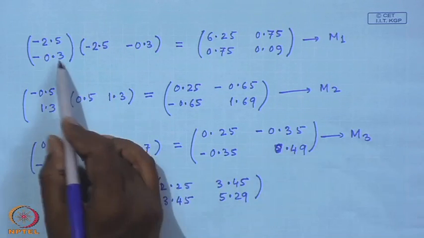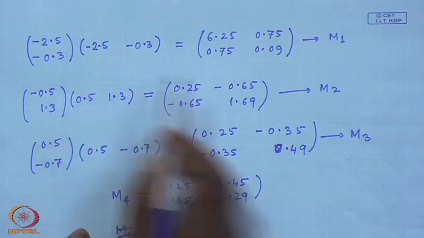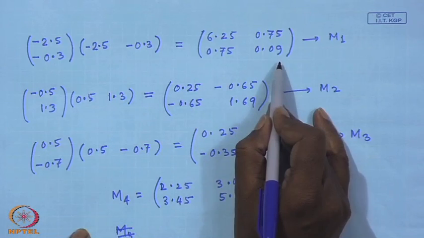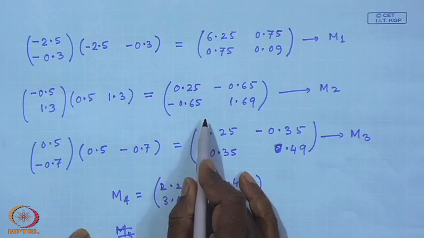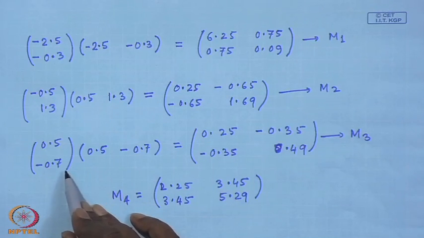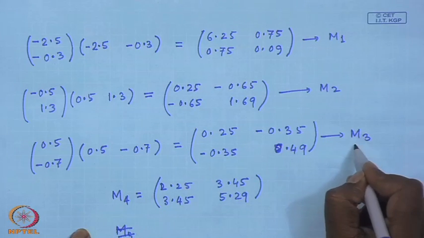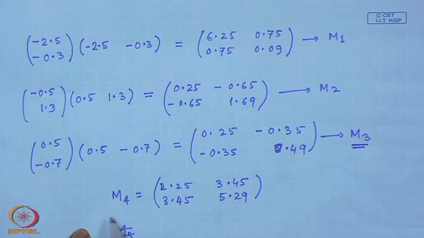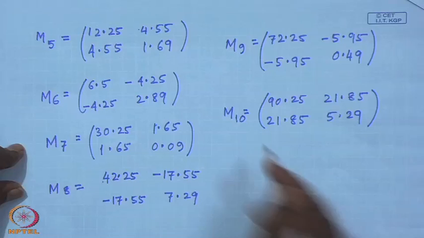The first one, x 1 minus mu into x 1 minus mu transpose, gives me a matrix M 1, x 2 minus mu into x 2 minus mu transpose gives me another matrix M 2. Similarly, x 3 minus mu into x 3 minus mu transpose gives me another matrix M 3. Similarly, I get M 4, and as I have a total of 10 feature vectors, I get 10 such matrices.